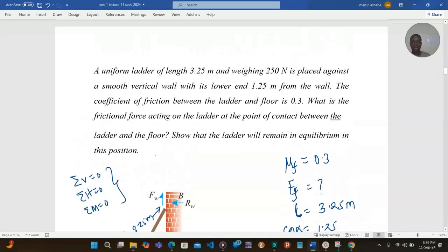We are told again that the coefficient of friction between the wall and the ladder, and the vertical wall is smooth.